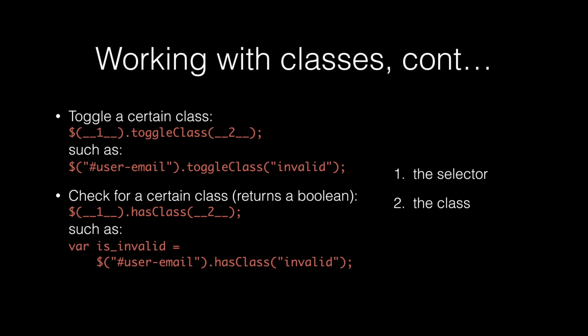So likely we want to store either one in a variable. So the variable is invalid is assigned the result of selecting the thing with an ID of user email and testing whether it has a class of invalid. If that's true, if it does have that class of invalid, we'll have true in the variable is invalid. And if it does not have the class of invalid, then the value of false will be stored in is invalid.